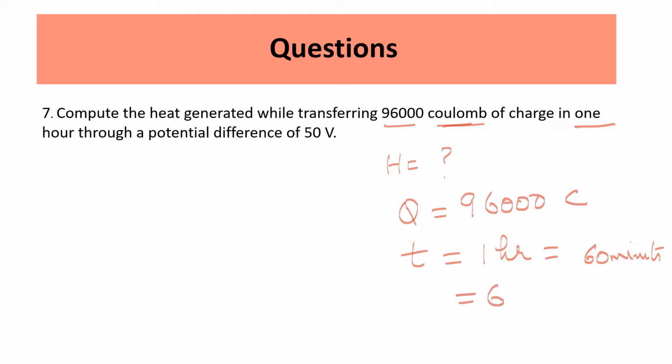Therefore, 60 minutes is equal to 60 into 60 seconds, 3600 seconds. Potential difference V is given as 50 volt.